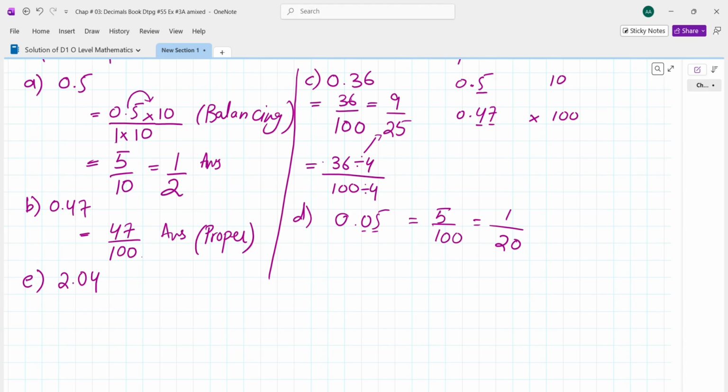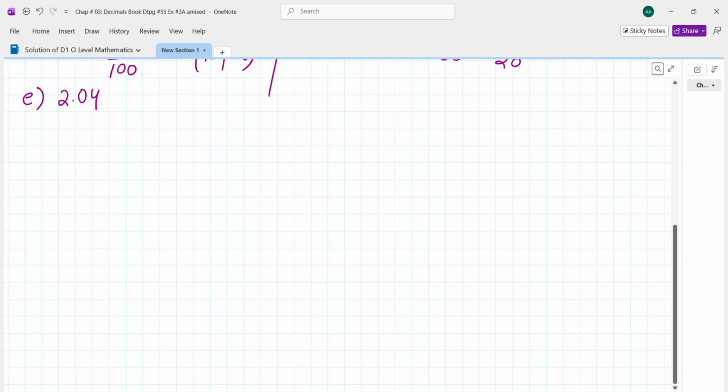Now move to part E, 2.04. We see there are two values after the decimal, so 204 divided by 100. Now we have a common factor, 4, in both terms, so we divide numerator and denominator by 4.